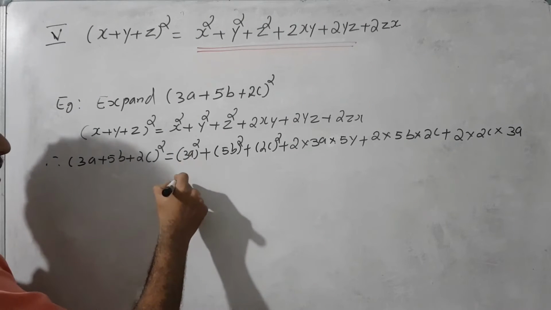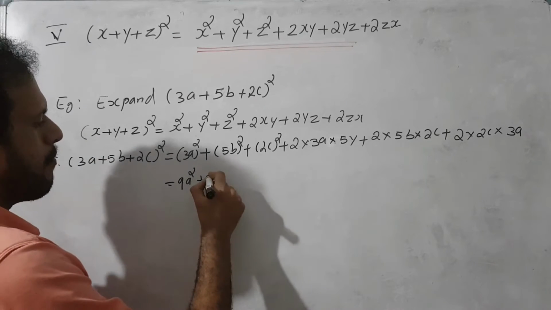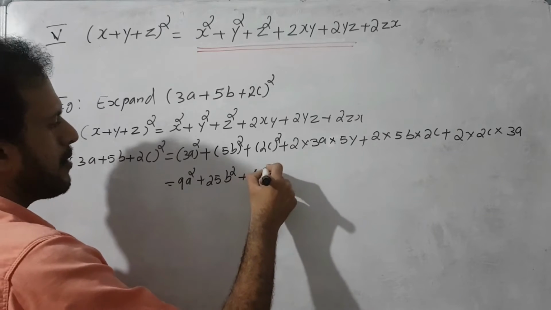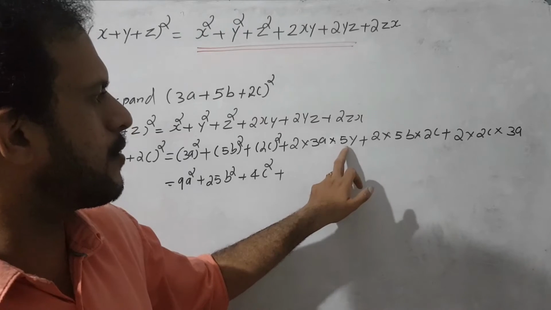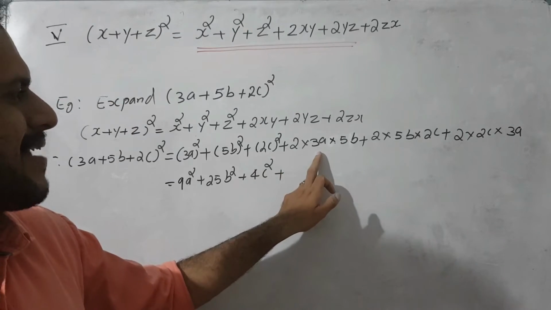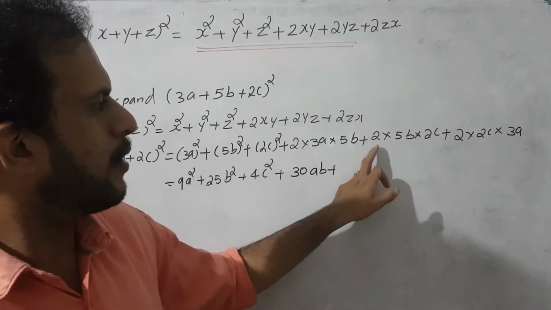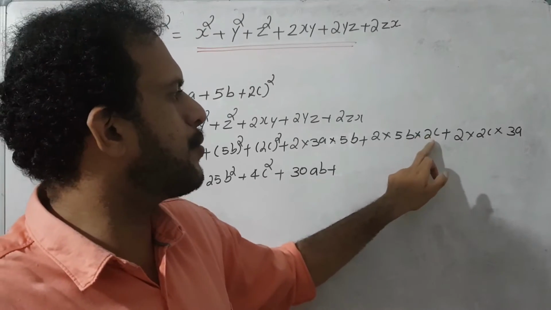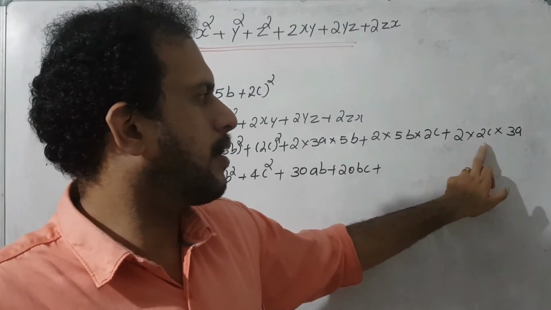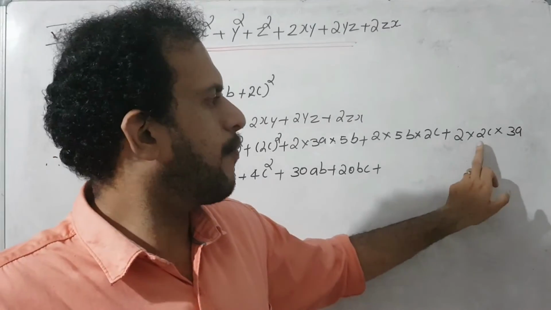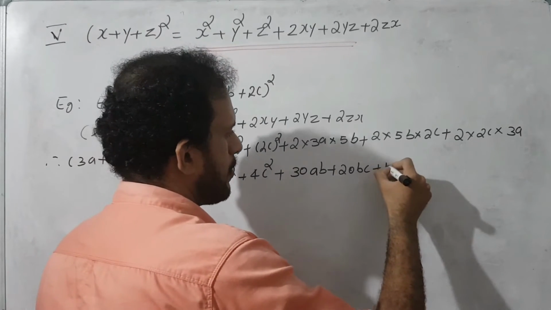How to write? 3 square is 9, 9a square plus 25b square plus 4c square plus, to multiply 2 into 3, 6, 6 into 5, 30, 30ab; 2 into 5, 10, 10 into 2, 20, 20bc; 2 into 2, 4, 4 into 3, 12, 12ca, 12ca is same as 12ac.